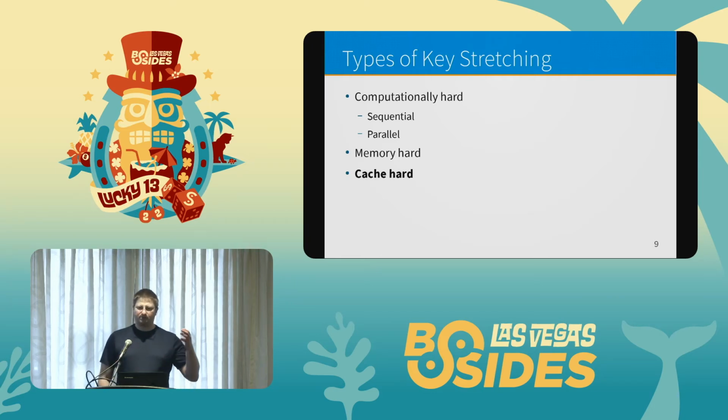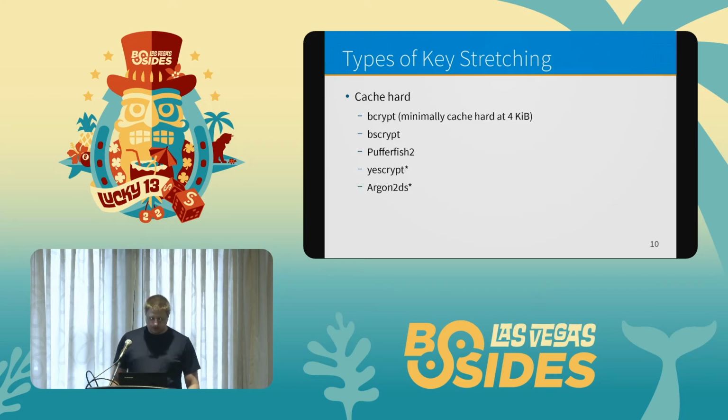So you're looking up 8 bytes versus a kilobyte and doing a quick operation. So bcrypt is minimally cache hard. It was kind of accidentally cache hard because it used this encryption algorithm called Blowfish, which had 4K of S-boxes.